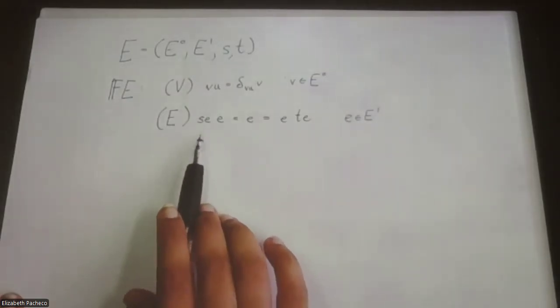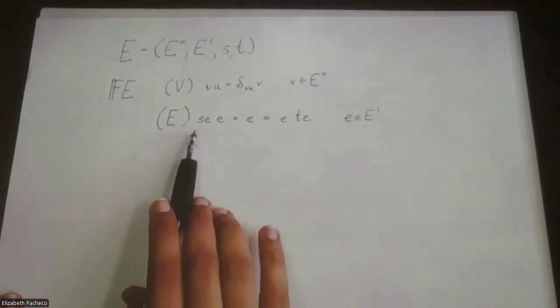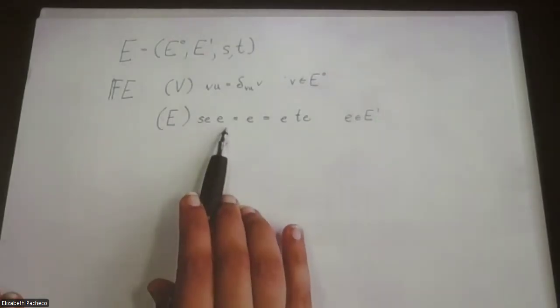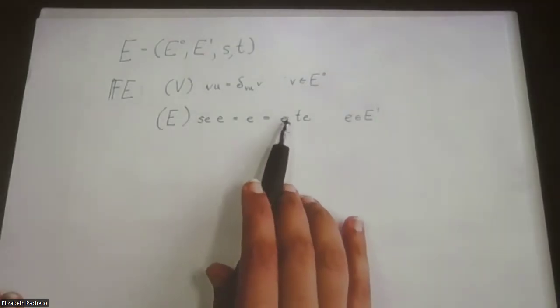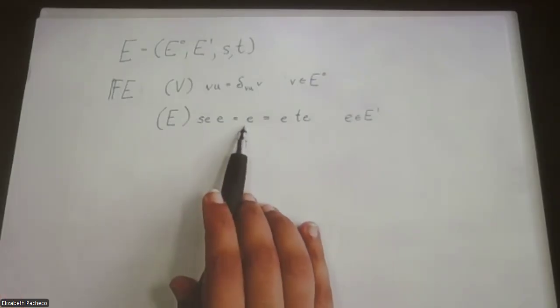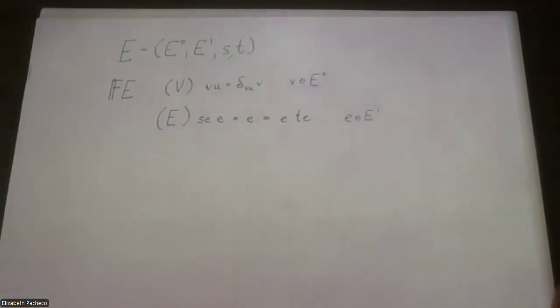This is just multiply by the source vertex and then by the arrow, or multiply the arrow by the target vertex at the end, and you get E, the arrow. So basically, don't be silly about writing paths. Write them in a way that makes sense. These are the relations that ensure that.